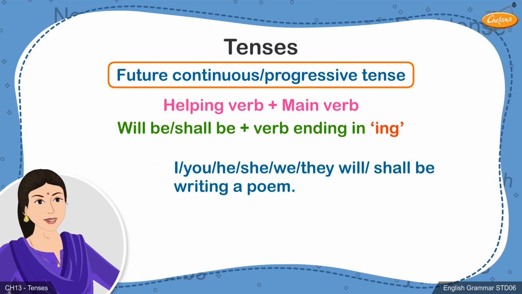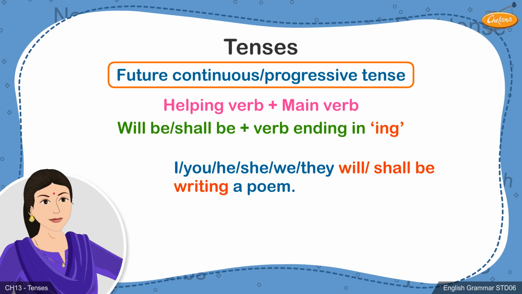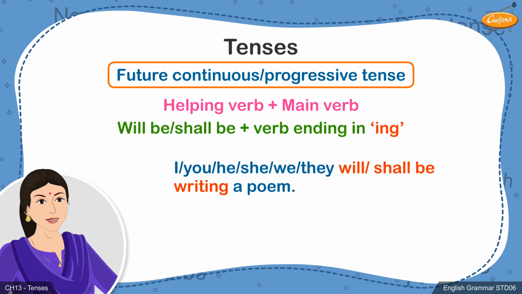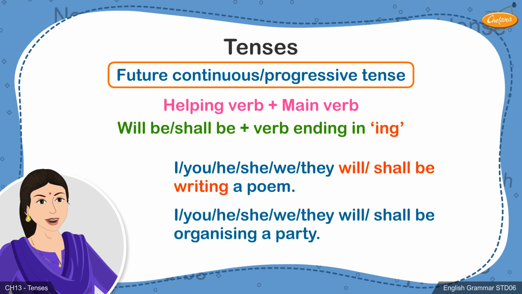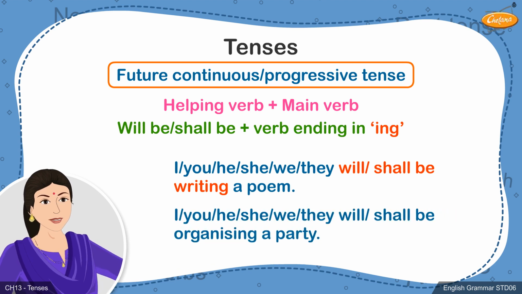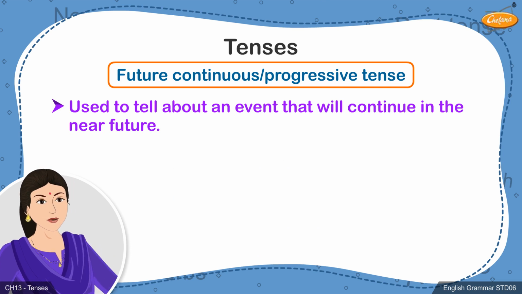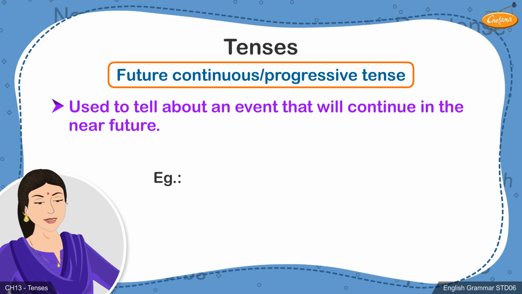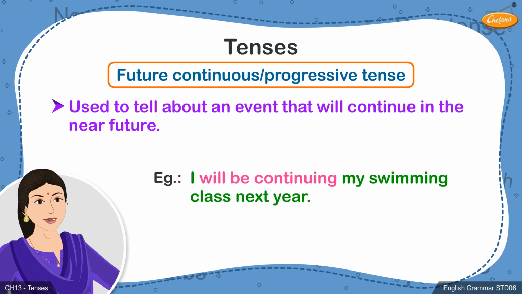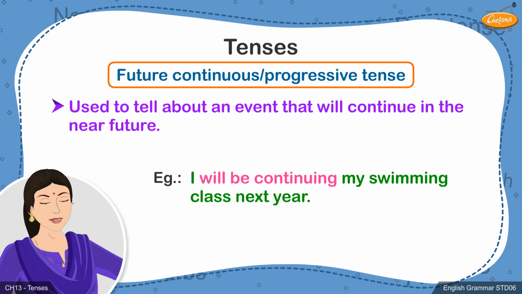I or you or he or she or we or they will or shall be writing a poem. I or you or he or she or we or they will or shall be organizing a party. This tense form is used to tell about an event that will continue in the near future. Example, I will be continuing my swimming class next year.